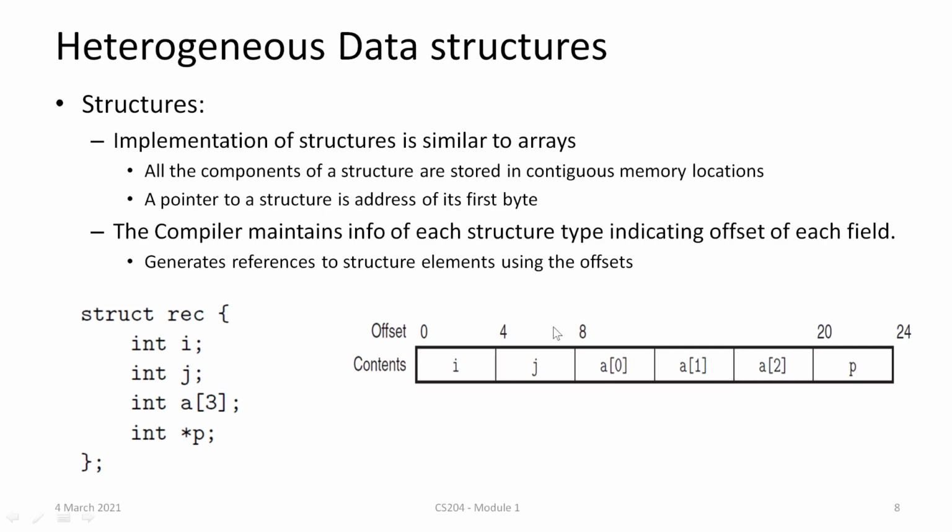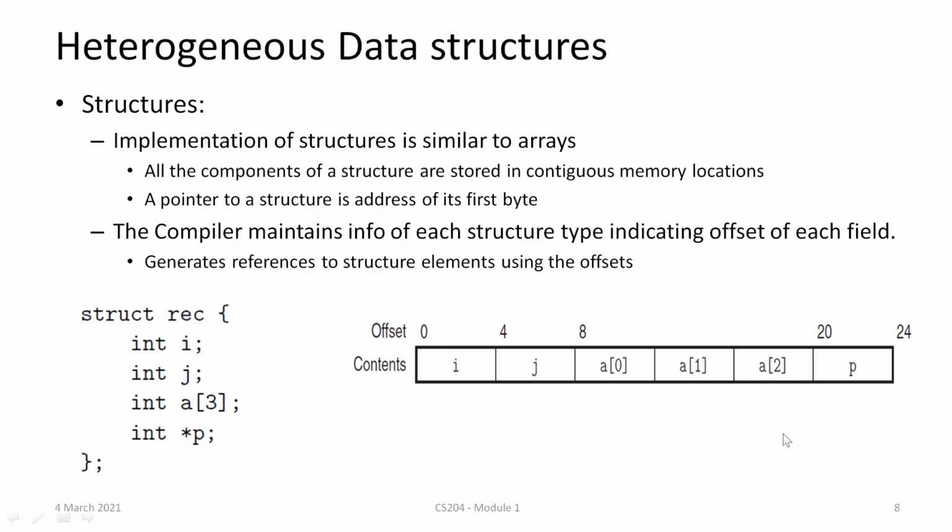So in the assembly code, let's say the starting address of this structure is in x10, and if we want to load a0, let's say we want to load it in x11, what we would write is ld x11, 8 in brackets x10.